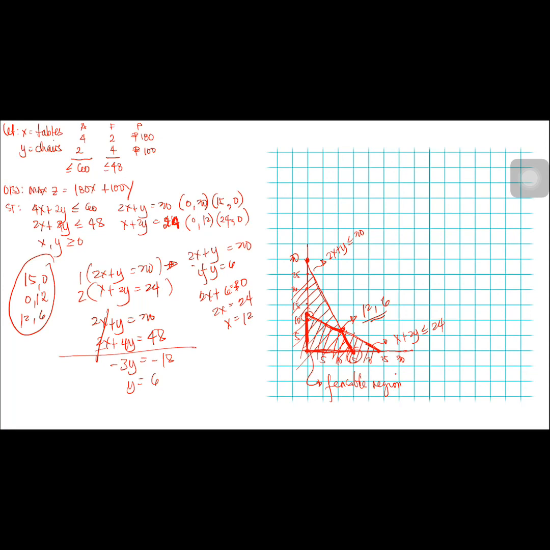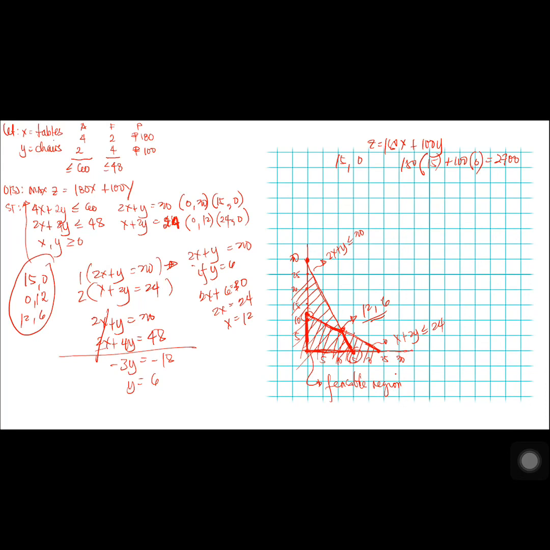For this one, we substitute these vertices into our objective function, z is equal to 180x plus 100y. For 15 and 0, we have 180 times 15 plus 100 times 0, which is equal to 2,700.